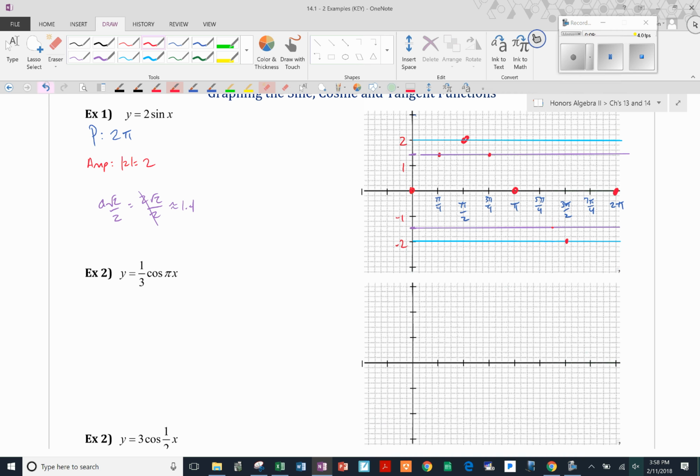So at all these multiples of pi over 4, I'm on that purple line then. And we know that it's 1.4, but let's call it what it exactly is, and that's square root of 2. So now we have a really good idea of what this function looks like, and we can sketch that cycle.